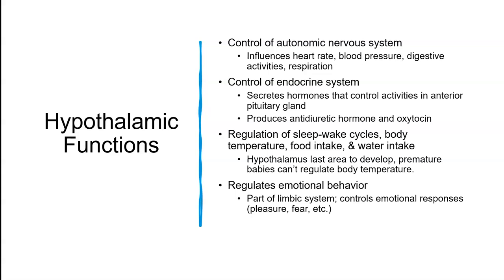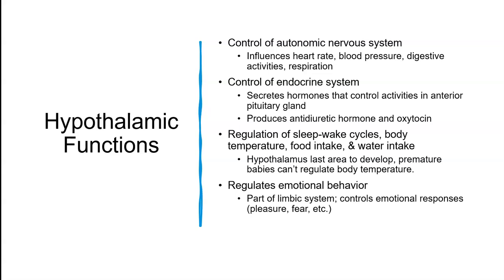The hypothalamus works to help regulate our sleep-wake cycles, our body temperature, whether or not we're eating or drinking. So the hypothalamus, of course, is basically a large control center because it does regulate so much. At one time, it was thought the pituitary gland was the master gland until scientists finally realized the master has a master, and that is the hypothalamus.